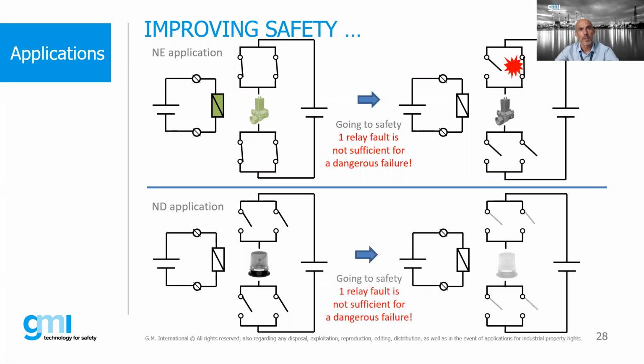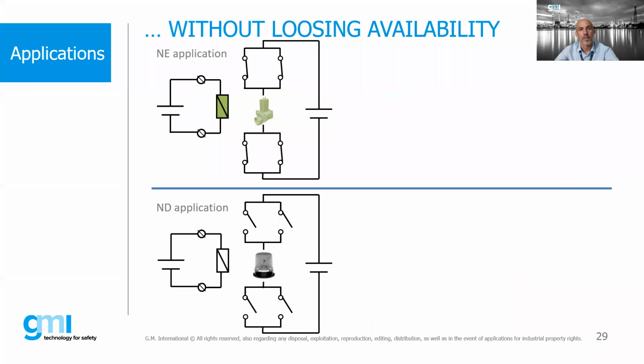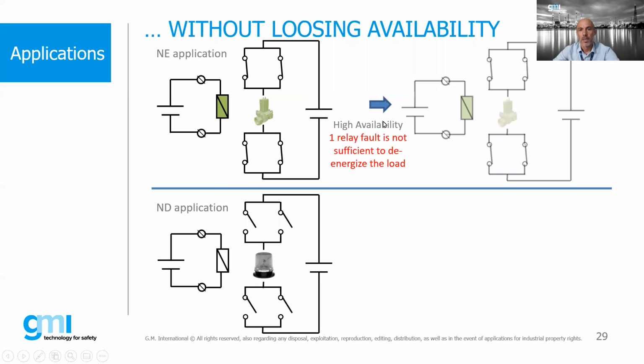But we have seen that availability is also important for you. And availability here means that my relay is not having a problem. I'm not asking to open the contacts because the system is working properly, but I see that one relay has a failure. That is not sufficient to de-energize the load.